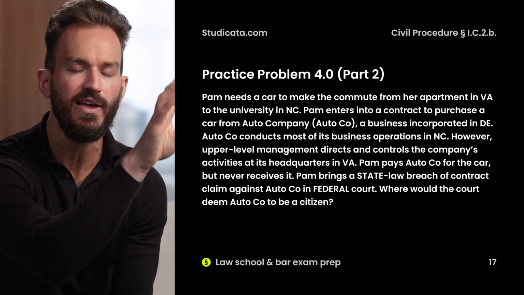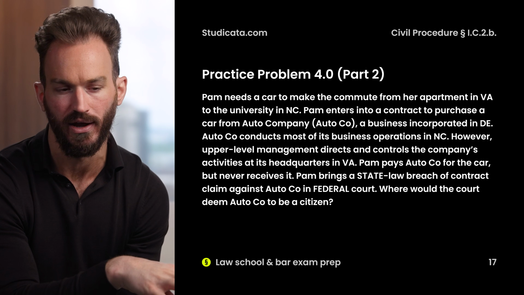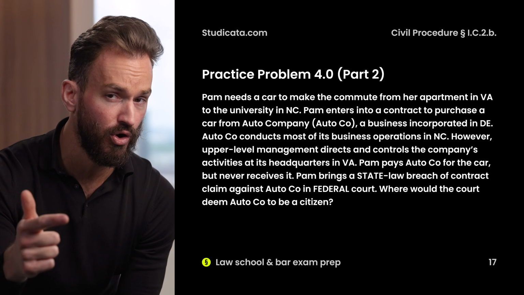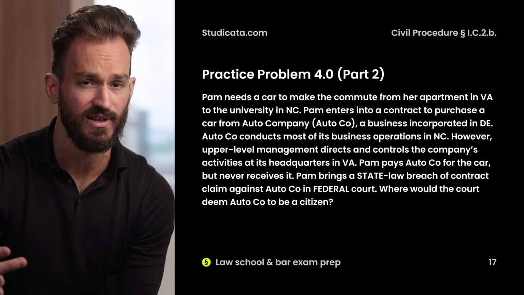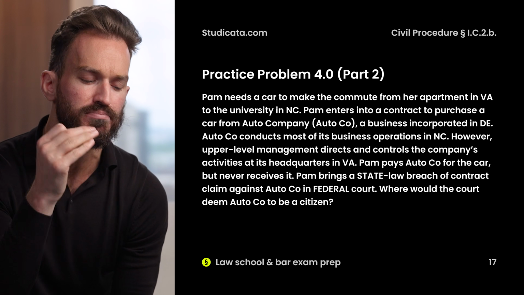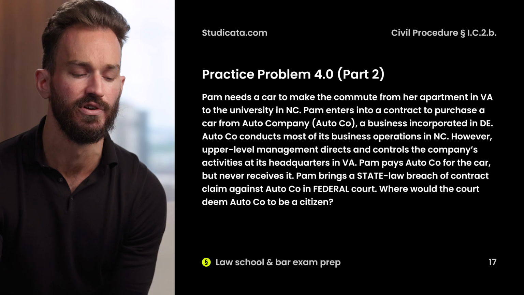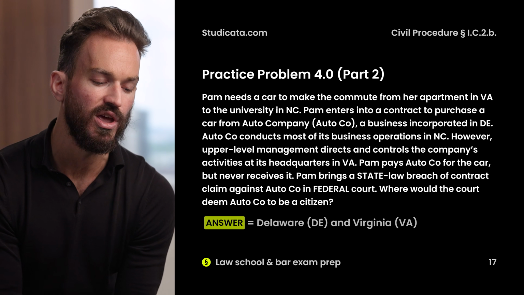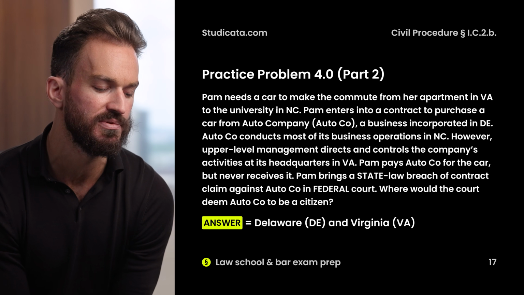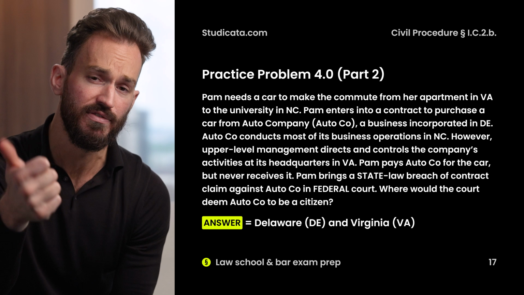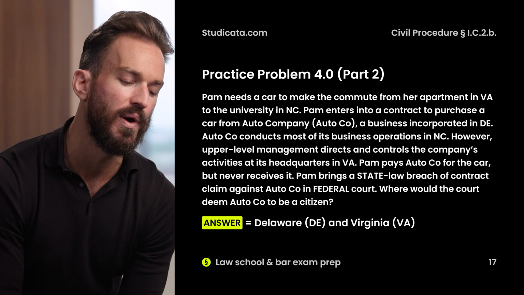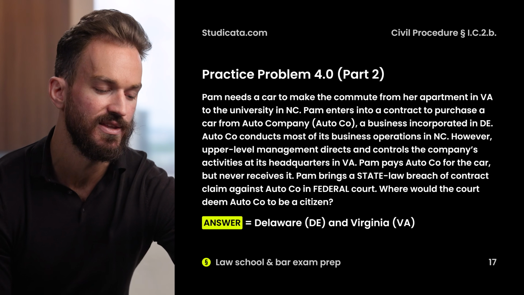We could have all these facts about North Carolina. But as long as upper level management is directing, controlling, and coordinating the activities at headquarters located in Virginia, the nerve center test says its principal place of business is Virginia. Therefore, our answer here, where would the court deem Auto Company to be a citizen for diversity purposes? They have dual citizenship in the state of incorporation and the state where the principal place of business is located. That's going to be Delaware and Virginia.